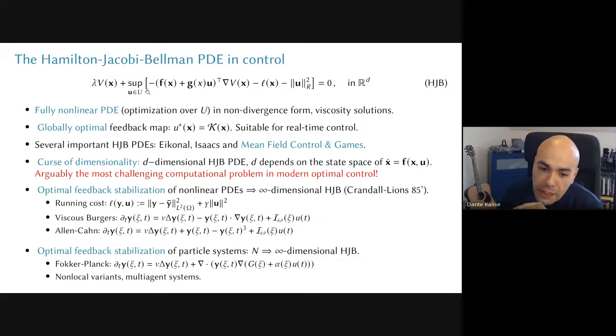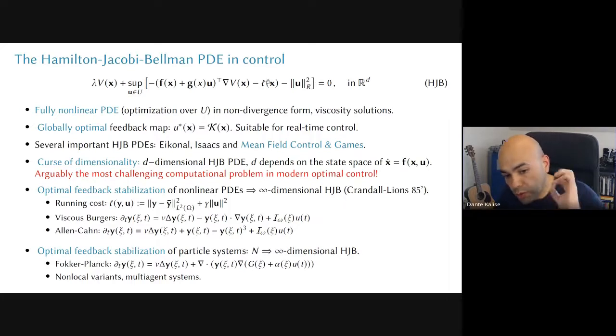Now, this PDE instead has the domain R^D, where D is the dimension of the dynamical system that you want to control. So if you have a quadrocopter that has 10 states, the Hamilton-Jacobi equation to compute the optimal control to move this quadrocopter to an optimal position is a partial differential equation that lives in 10 dimensions.